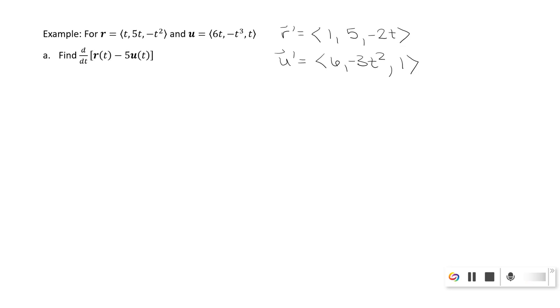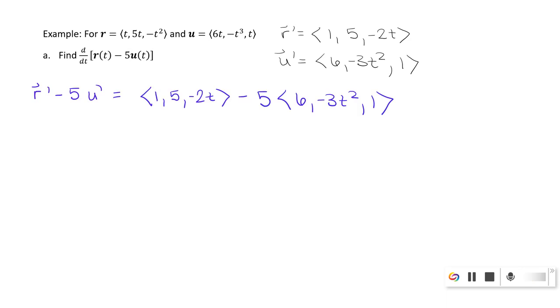And then in this first example, we just have a difference of functions. And this 5 is a scalar, so I should say it's a constant scalar. So we have a constant times a function. And so our derivative is just going to be whatever r prime is, minus 5 times u prime. So we'll take the r prime, which was 1, 5, negative 2t, and we'll subtract 5 times u prime, which was the 6, negative 3t squared, 1.